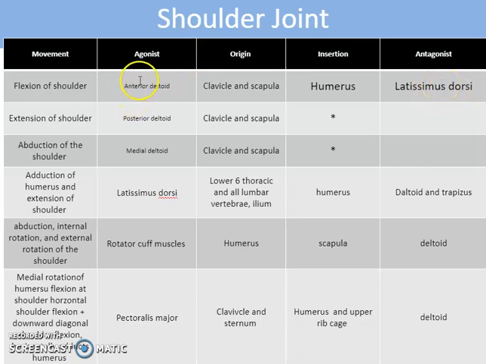Now, the anterior, posterior, and medial deltoids all have the same insertion on the humerus and the same antagonist, the latissimus dorsi. However, each section inserts on the humerus at a different point.